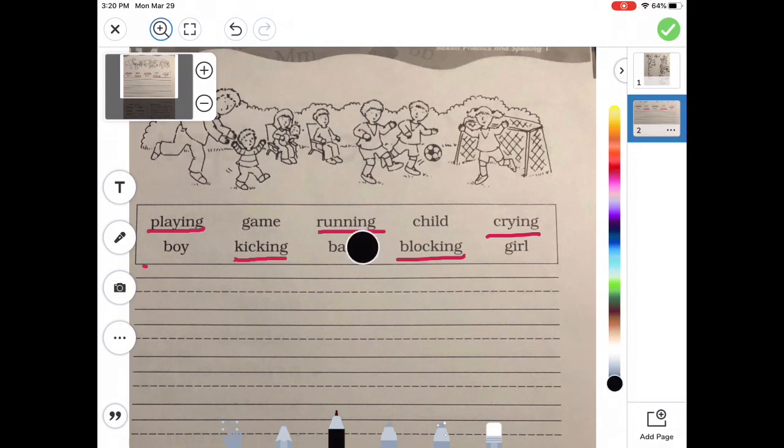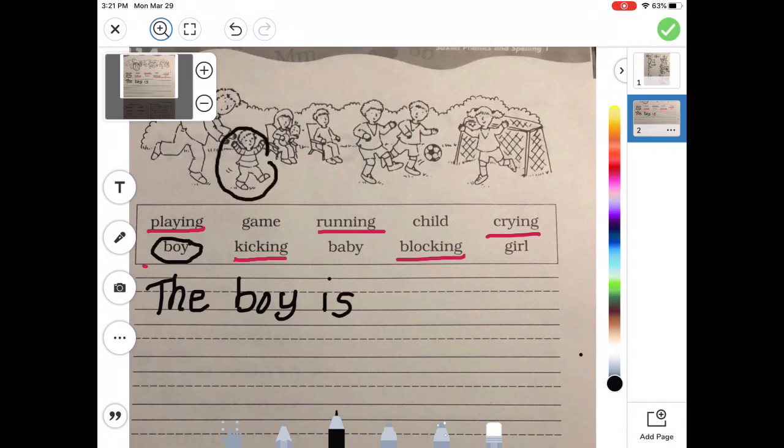All right, so the other things are going to be my nouns. So I can look at my first word, and I've got boy. So the boy is what? What's he doing? Running. Very good.